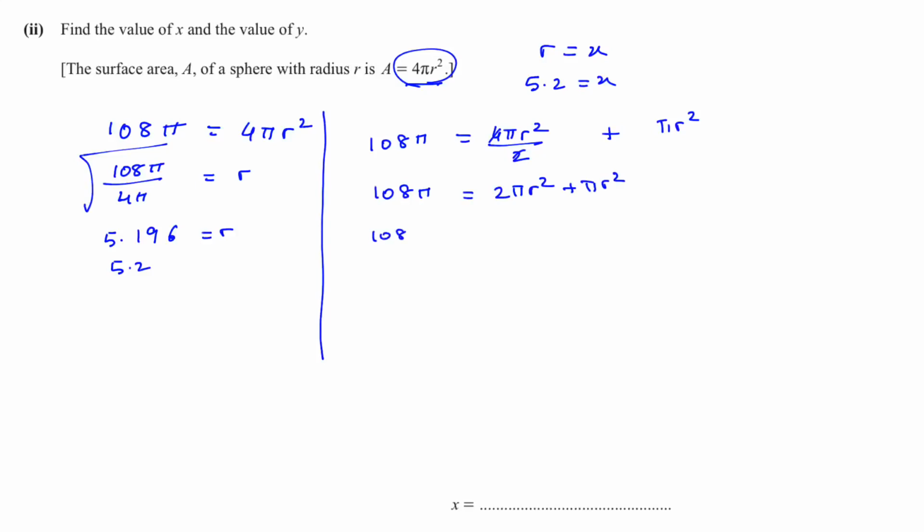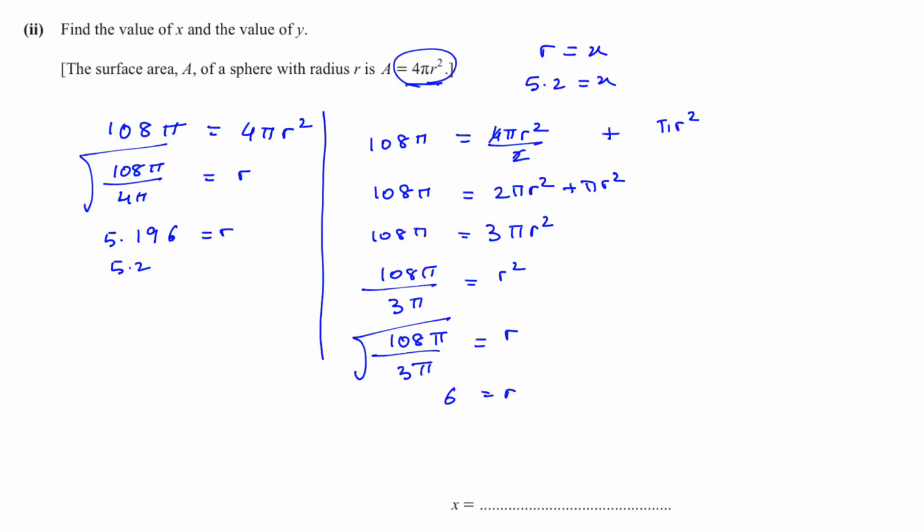When you add it together, you'll have 3 pi r square. Moving the 3 pi here, we'll be left with r square, and 108 pi divided by 3 pi, square root, the answer is equal to r, and r is equal to 6.